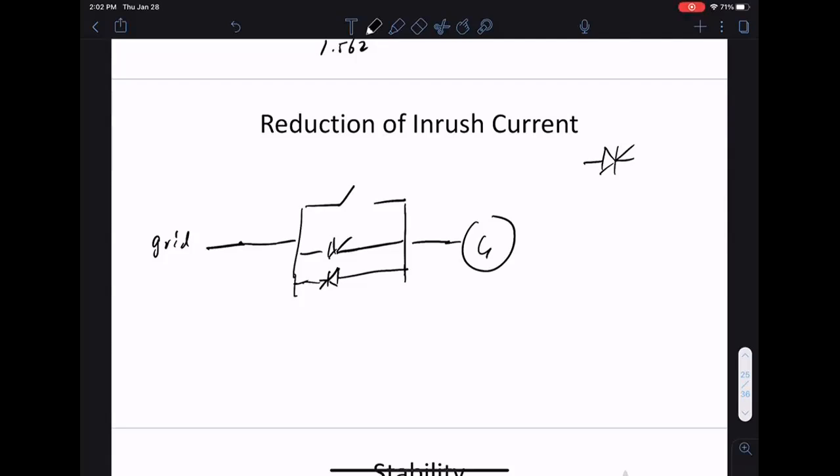So you connect, but you open the switch. You have a thyristor there that limits how much current can flow between the two, and then you can close the switch once everything settles down. This thing has a triggering angle alpha, for example, and this will limit the current flow. Okay, so this is one way you can reduce the inrush current.